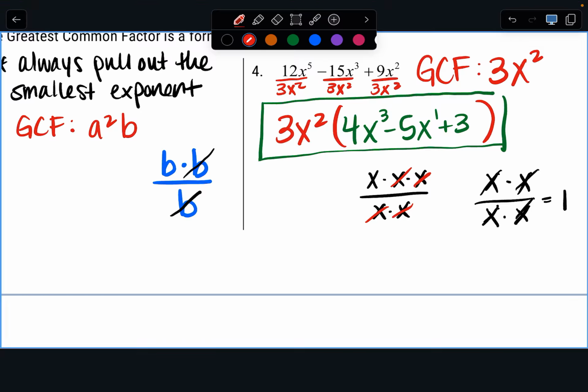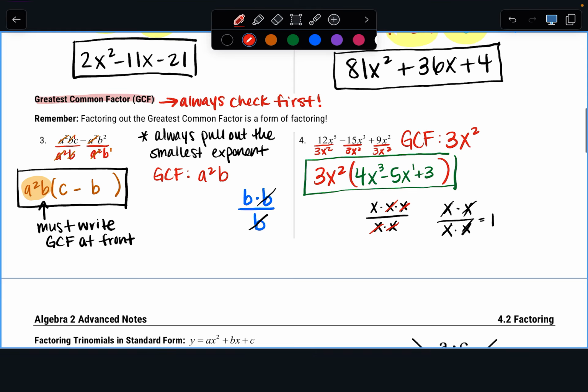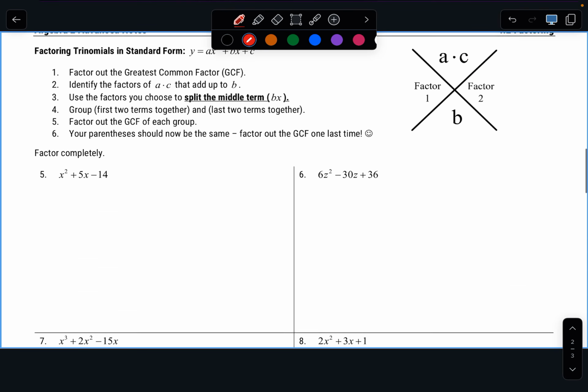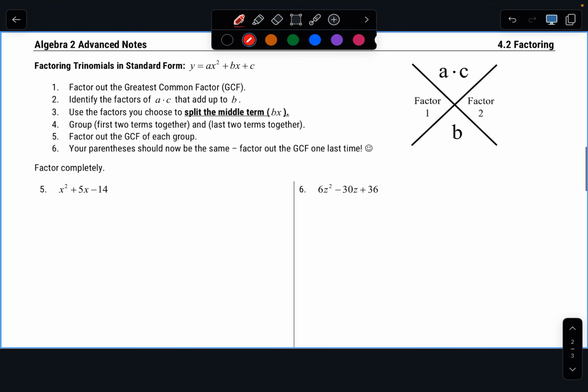Yes, exponent rules. Okay, let's get to the factoring. I promise you, you need to pay attention. So, I have written out the rules for factoring that I think work best. Here again, I've said it before.